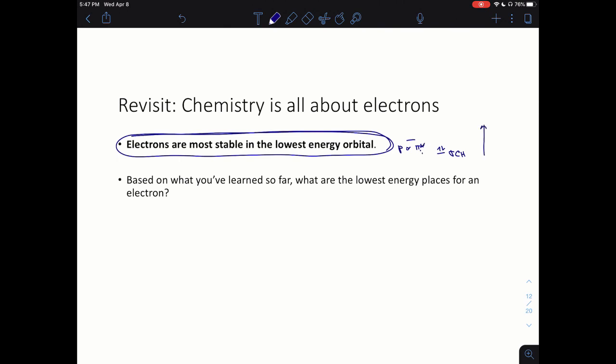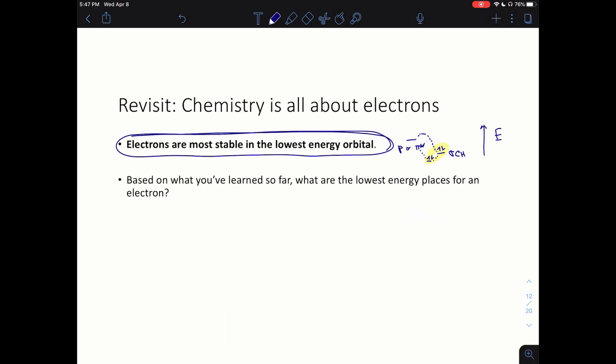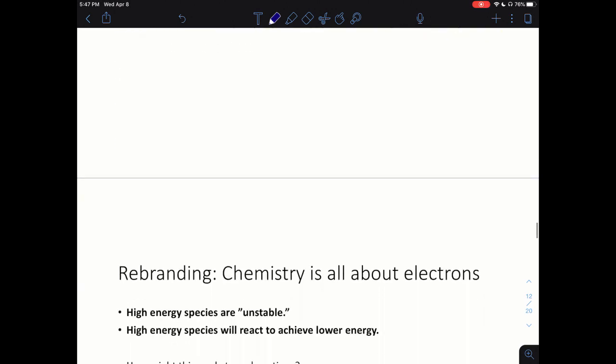And they did that because you still formed two new orbitals. And even if you just stabilize electrons a little bit, that was good, that was favorable. You went to lower energy here. So think about, based on what you've learned so far, what are the lowest energy places for an electron? And I'm going to skip it this time. That's for you to try.